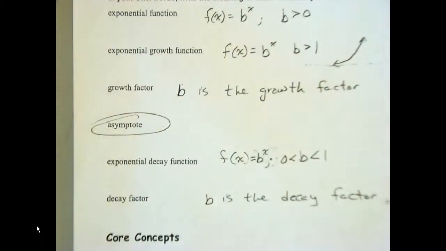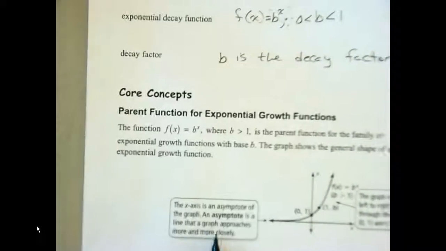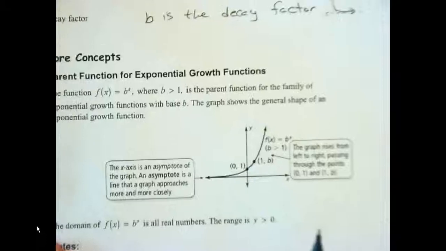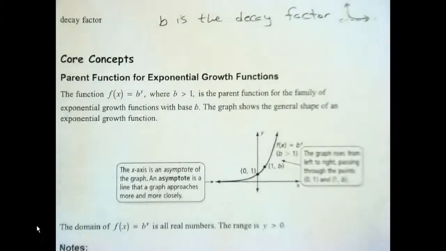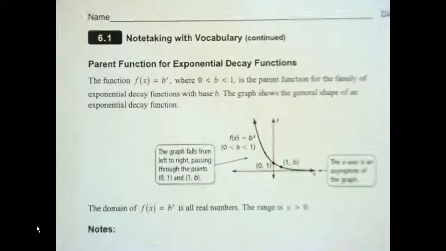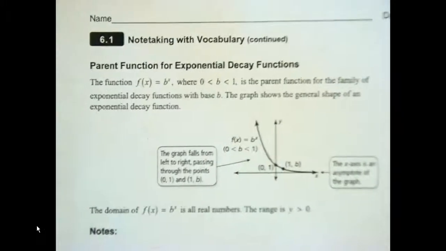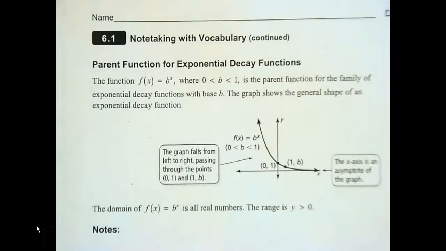On the bottom there you have the definition of the asymptote. And on the next page, it talks a little about the decay function. Any questions there?